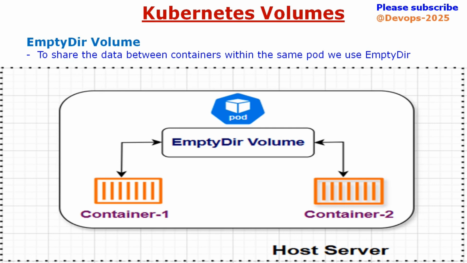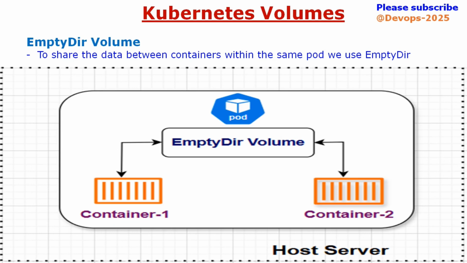As long as the pod is available, the volume will also be available. No matter how many times the container gets recreated or deleted, you will get the same volume and same data, because the pod has the volume.